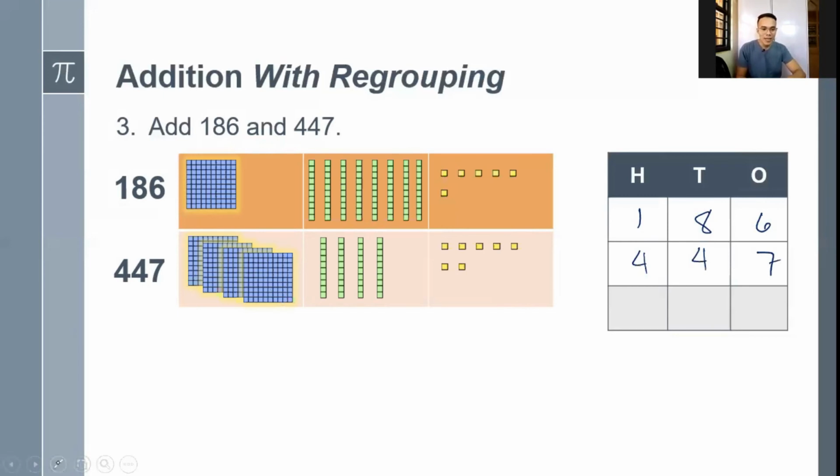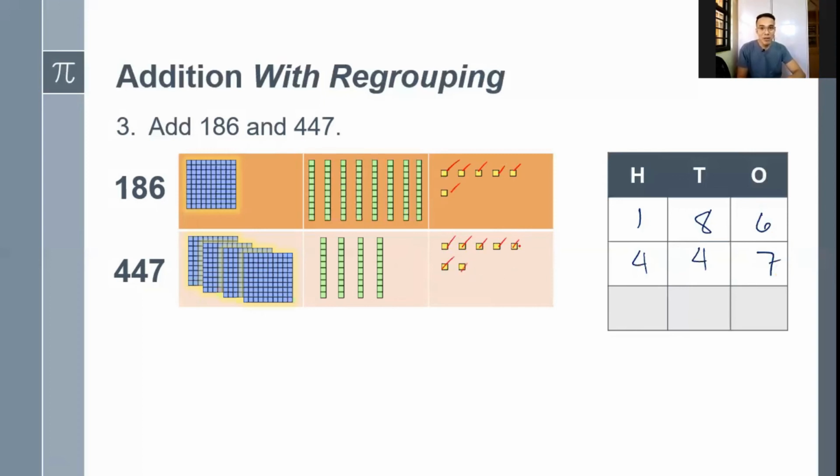Okay? Now let's combine the ones together. 6 ones plus 7 ones equals what number? Let's count the ones all together. 1, 2, 3, 4, 5, 6, 7, 8, 9, 10, 11, 12, 13.